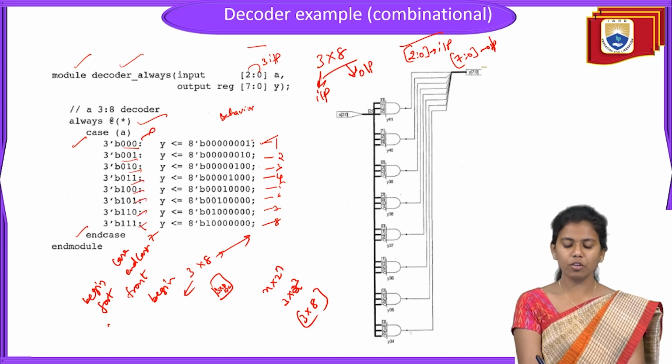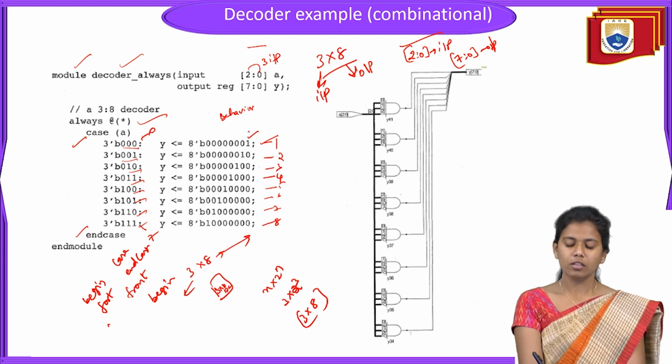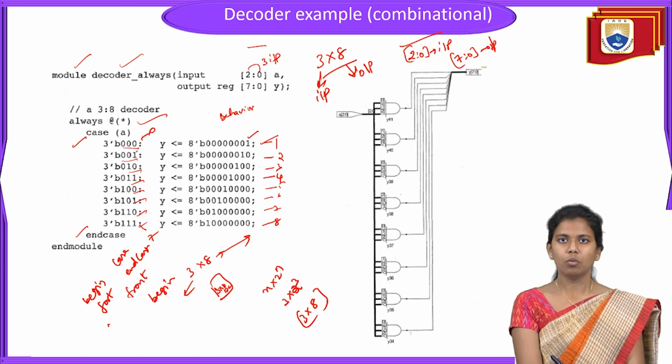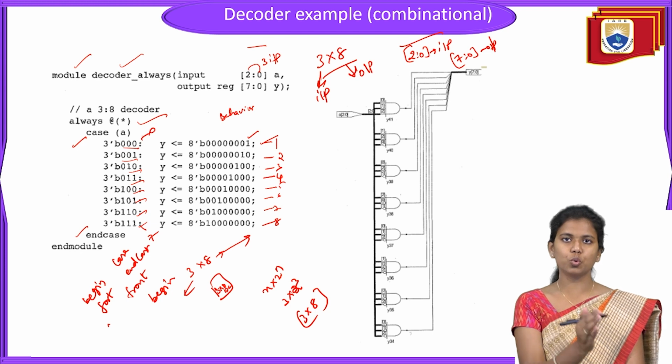Then you will see the 1. When you go from 0 to 7, the enabling bit just takes its position towards the left.